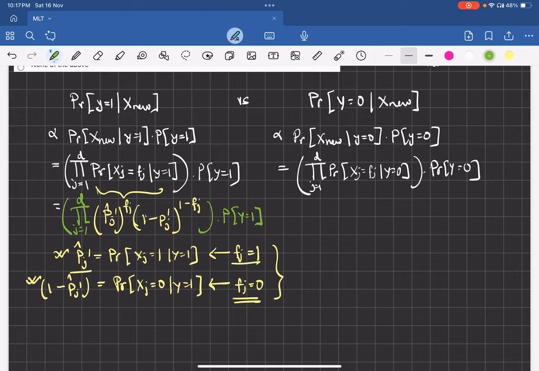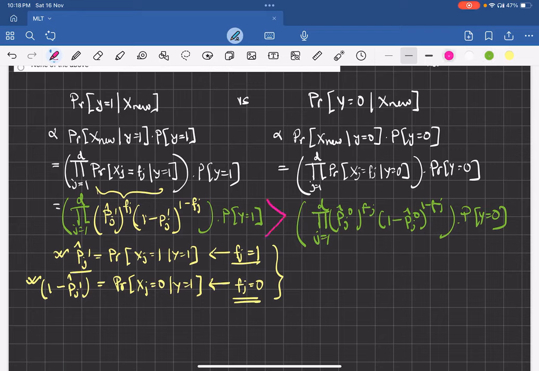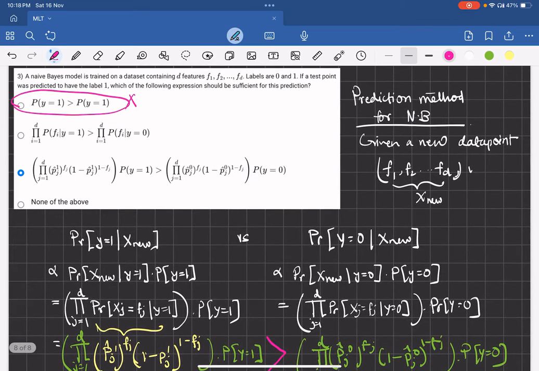Similarly, we will have on the right hand side the probability pj0 hat to the power fj times 1 minus pj0 hat to the power 1 minus fj, product over all features j from 1 to d, multiplied with the probability y is equal to 0. Essentially, if we want the prediction to be 1, we need this probability on the left to be bigger, and this is exactly what the third option says. That is the correct one.